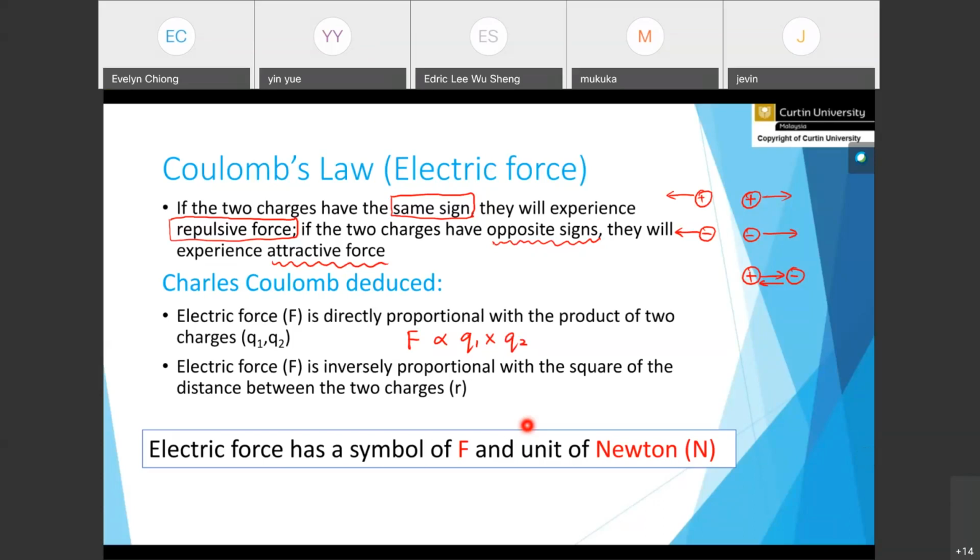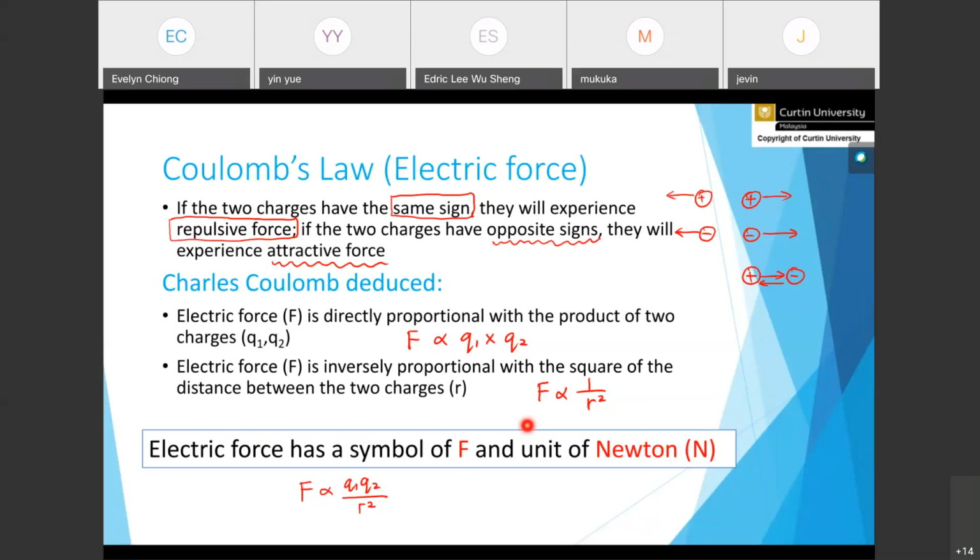But electric force is inversely proportional to the square of the distance between the two charges. Distance we use R, squared, so you put a power of 2. If you combine them together, then it becomes like this. So electric force is directly proportional to the product of Q1 and Q2, but inversely proportional to the square of the distance. This is the relationship.